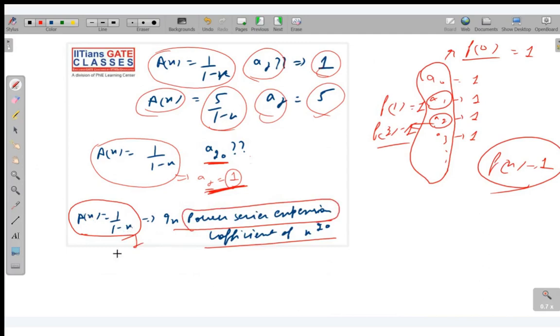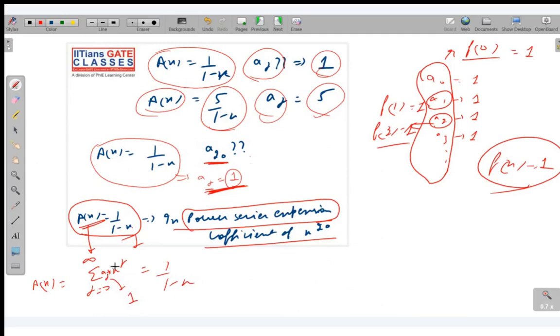AX is 1 upon 1 minus X, so sigma R equal to 0 to infinity X power R is 1 upon 1 minus X. More precisely, if you want me to do it step by step, the generating function is AR into X power R. Let me write it properly: AR into X power R, and this is 1 upon 1 minus X. So clearly you will get the idea. AR is nothing but 1 only.